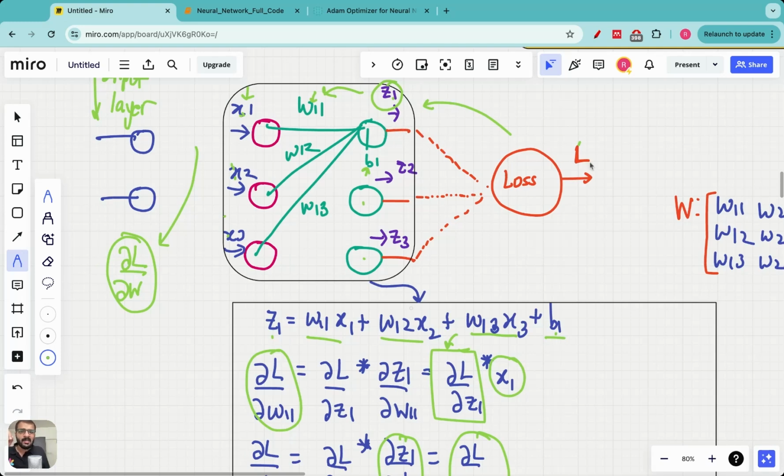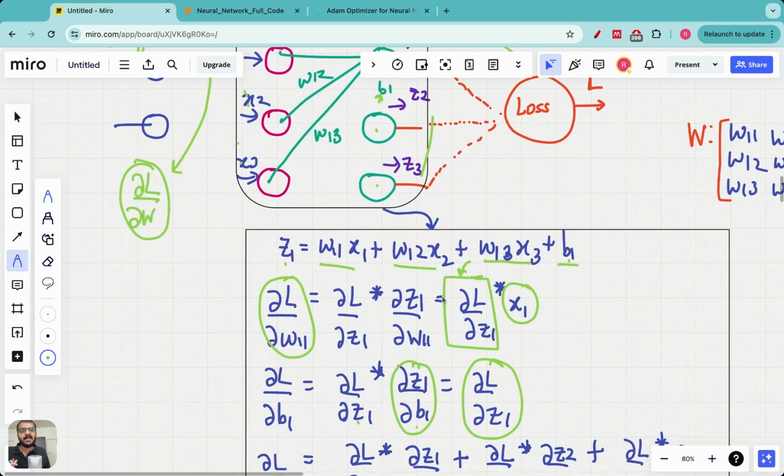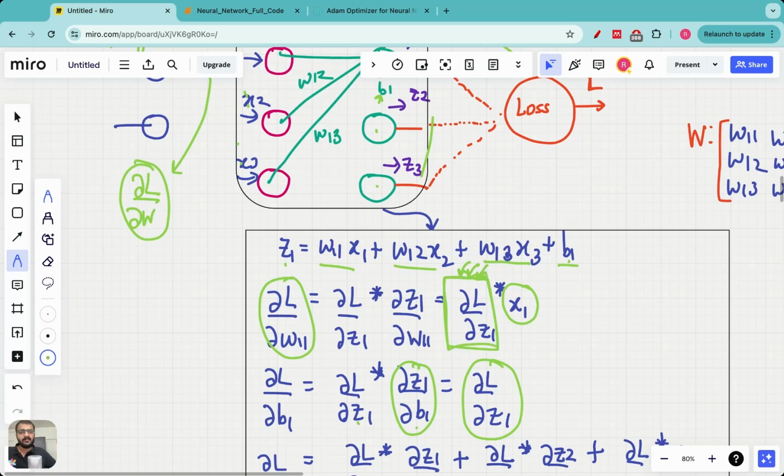For example, in this layer, we needed the partial derivative of loss with respect to the outputs, and this output is the input to the next layer. That's why when we look at every layer, we definitely need to find the partial derivative with respect to the inputs, because it's this term which I am telling you to assume that comes from the layer after the layer we are looking at right now.